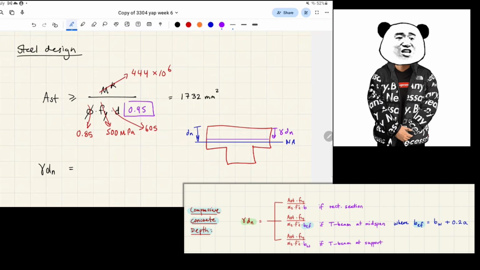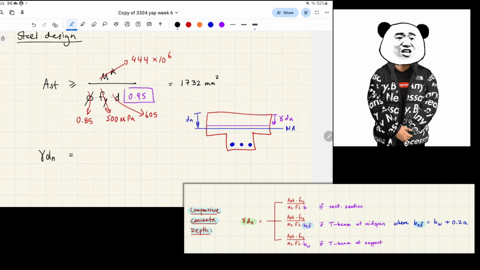So gamma is going to be a number less than 1. It might seem a bit unintuitive, but we need to calculate this compressive concrete region to calculate how much steel we need. I guess it is intuitive in terms of this is how much steel needs to be there to balance out this concrete. That's one way you can think of it.